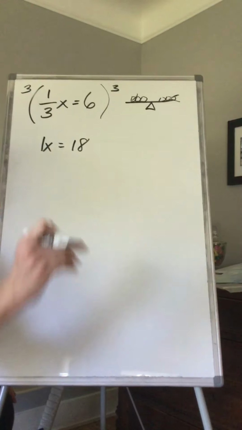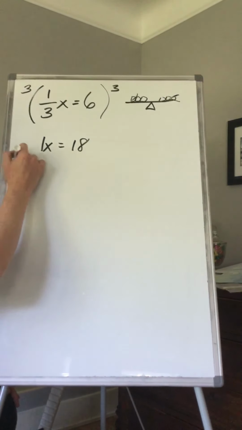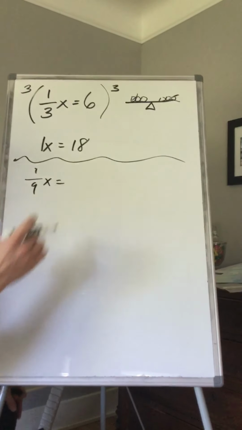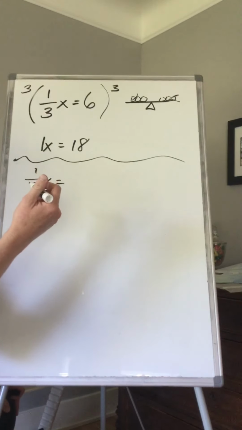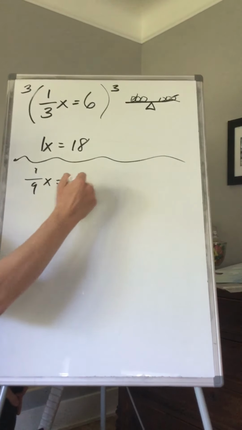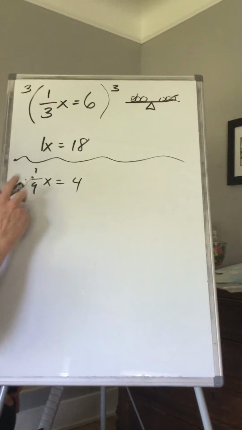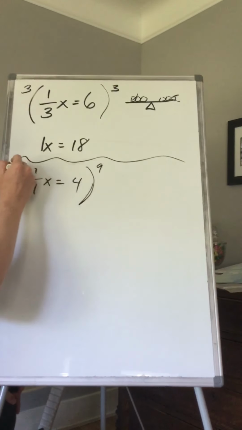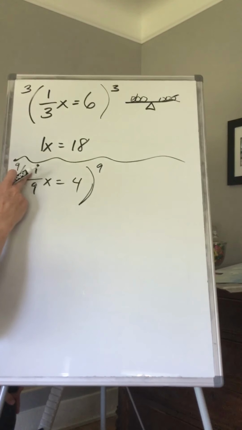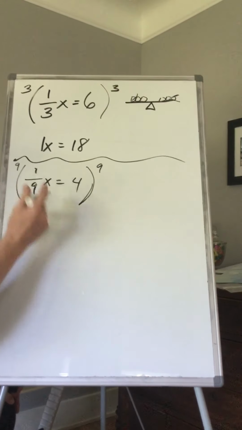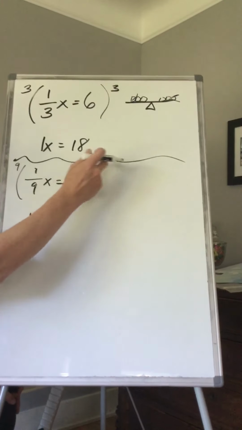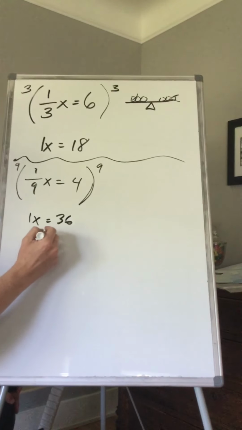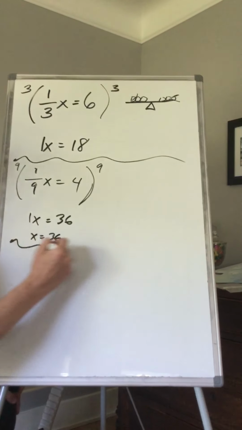Another one we'll show here is if we have, let's say, 1/9 x equals, let's say, 4. Denominator is 9, so I multiply both sides by 9. 9 times 1 is 9, divided by 9 is 1, so that's 1x. 9 times 4 is 36, so we have our x by itself, so x equals 36.